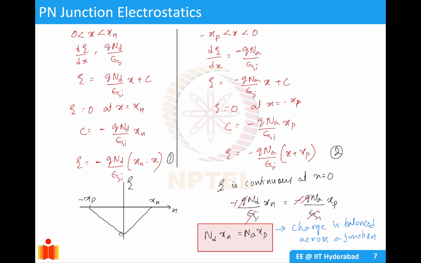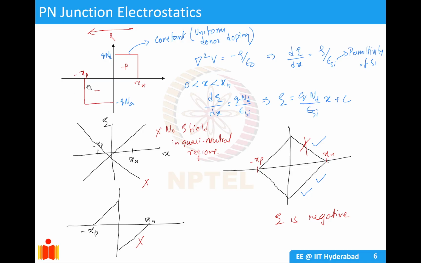And if you use the continuous boundary condition, you will get Nd xn equals Na xp, which means the charges are balanced across the junction. You multiply the depletion width with the number of charges in the region, and that will come out to be the same as the other region.